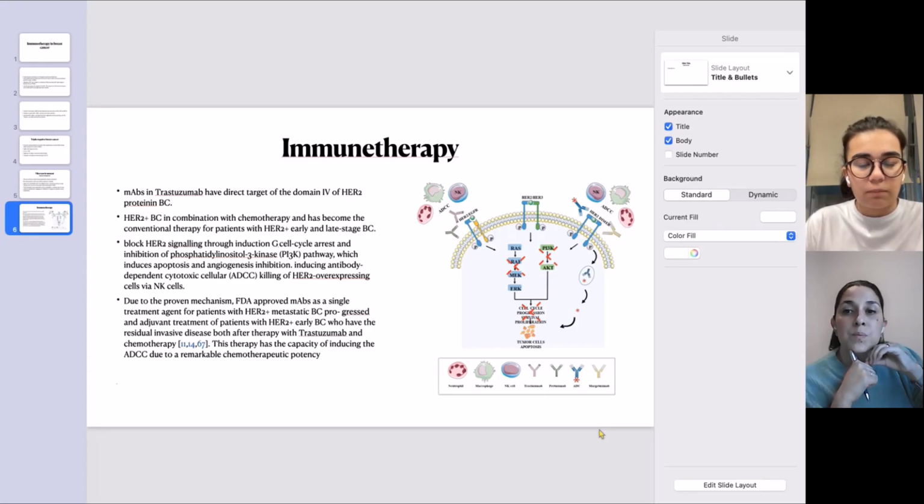And this therapy has the capacity of inducing ADCC due to its remarkable therapeutic potency.